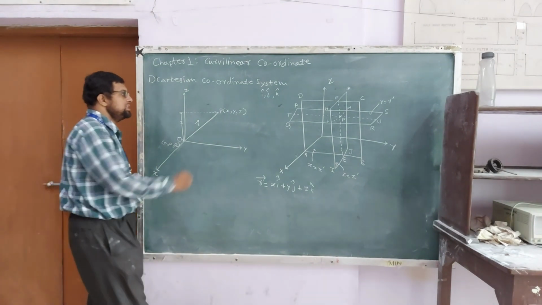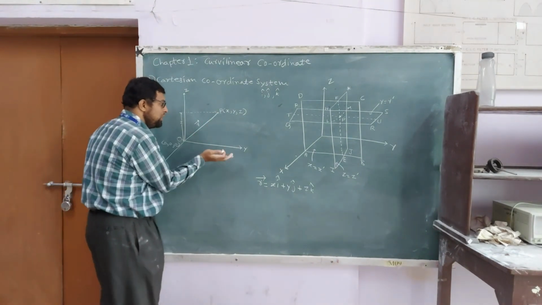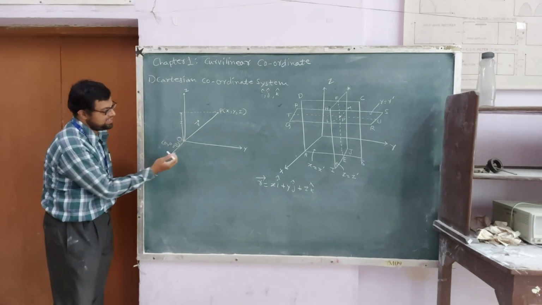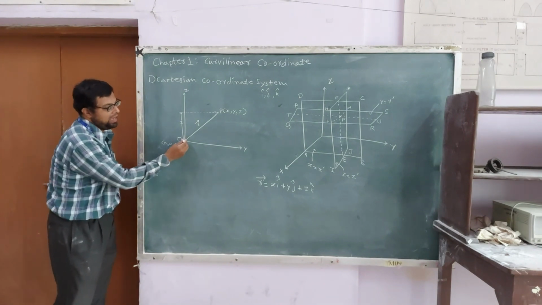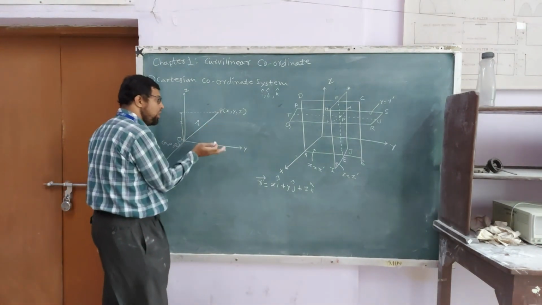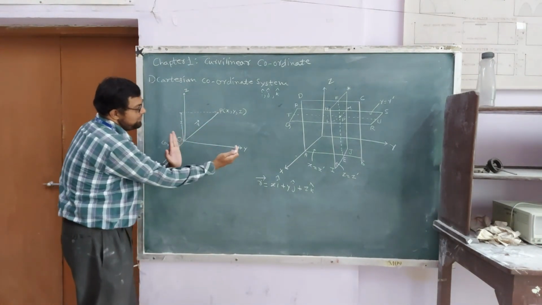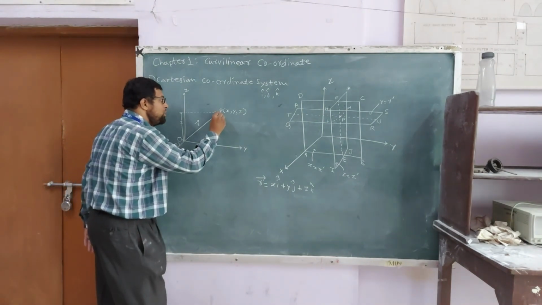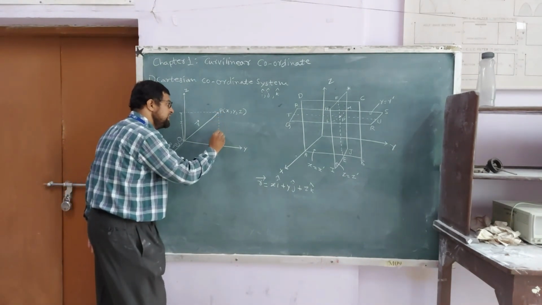Now I will draw a perpendicular on this plane. Remember this x axis is drawn like this, but actually in 3 dimensions it is like this. So I will draw a perpendicular on this xy plane.